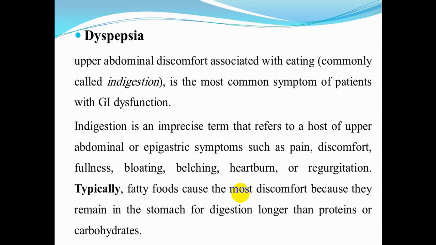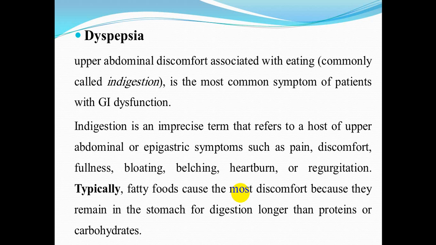Dyspepsia, upper abdominal discomfort associated with eating, commonly called indigestion, is the most common symptom of patients with GI dysfunction.